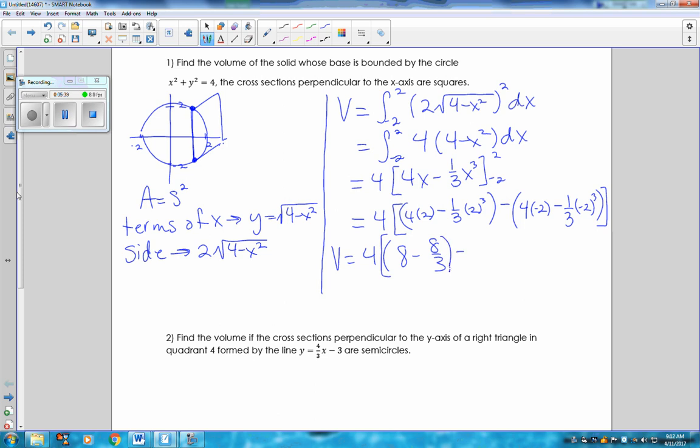Negative 8. That's going to be a negative 8, so that's going to make that positive 8/3. So I have 4 times 8 minus 8/3 plus 8 minus 8/3. And you end up with 128/3.